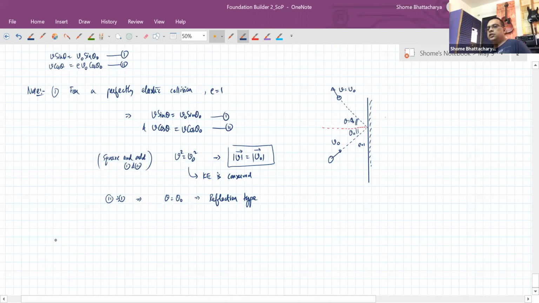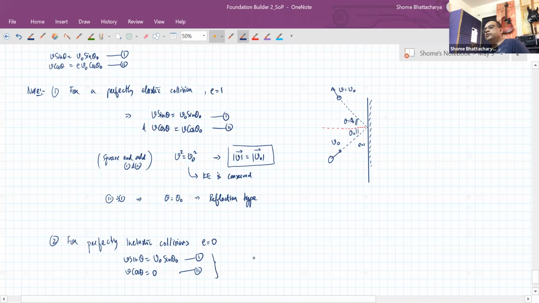Whereas if we take the case of E equal to 0, solving these two now tells you that V is equal to V naught sin theta naught and theta becomes equal to pi by 2.